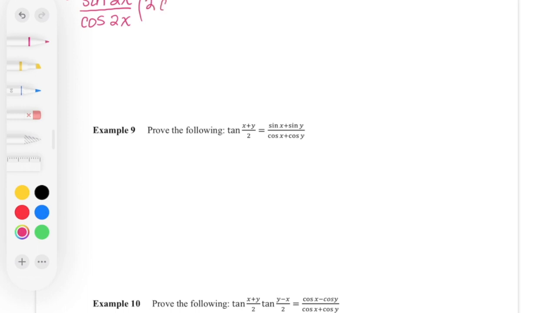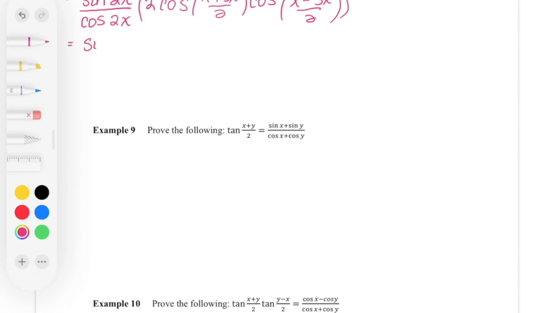So 2 times cosine of x plus 3x over 2 times cosine of x minus 3x over 2.